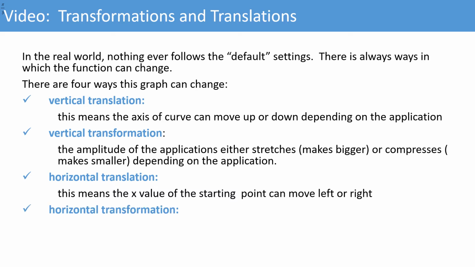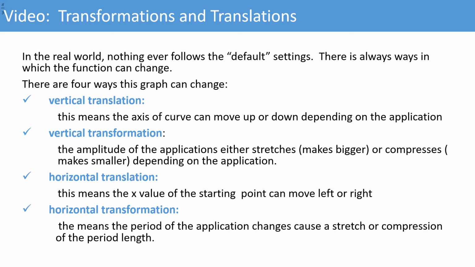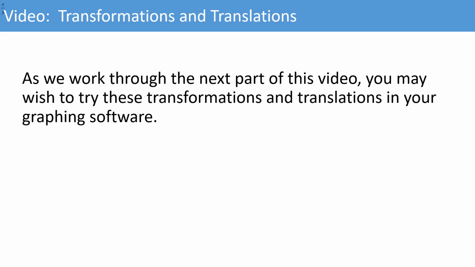And we have the horizontal transformation, which means the period of the application changes, causing either a stretch or a compression of the period length. As we work through the next part of this video, you may wish to try these transformations and translations using your graphing software.